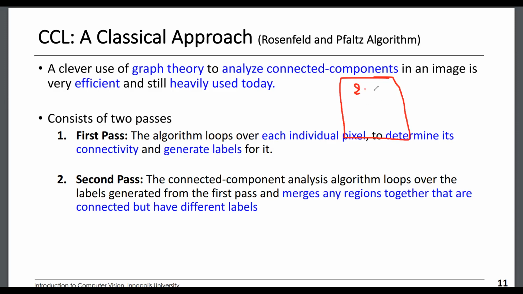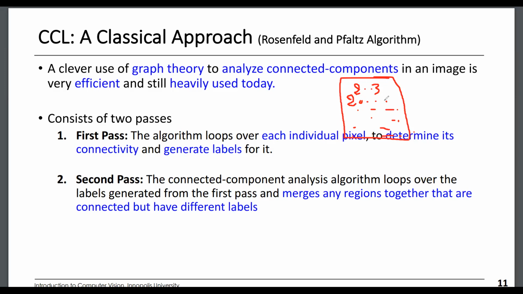I went ahead, there was nothing here, nothing here. I found an activated pixel here, so I give it label 3. I go down, I find an activated pixel here. It is connected to a previously labeled component, so I just give it 2. And then you continue your work until you finish the whole image.